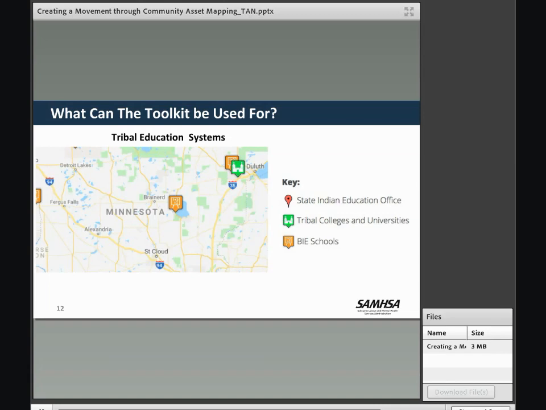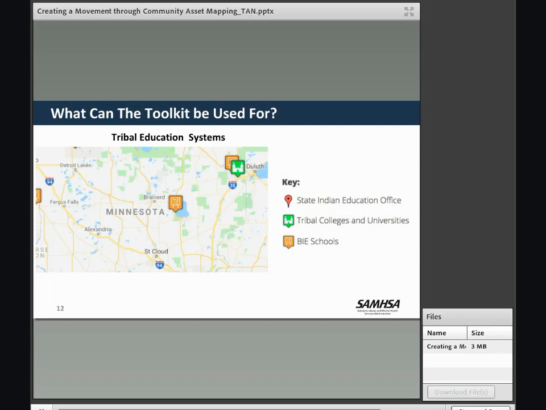Assets can be identified and used to restructure teaching methods to maybe include elders or traditional healers and community members, and base the curriculum in land-based and cultural knowledge.